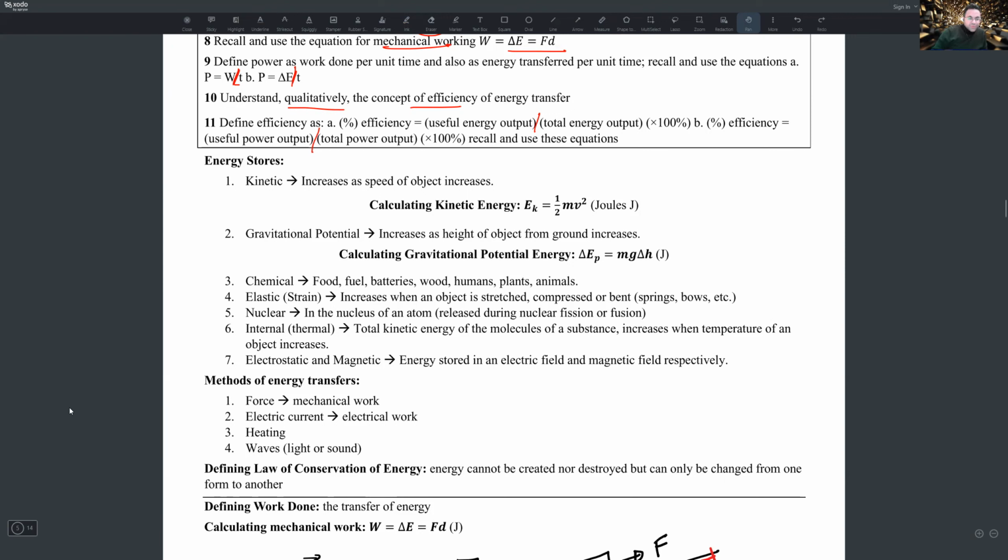So all of this is considered different types of energies. Energy is something you need to perform different actions. And then the different types of energies we have to memorize.